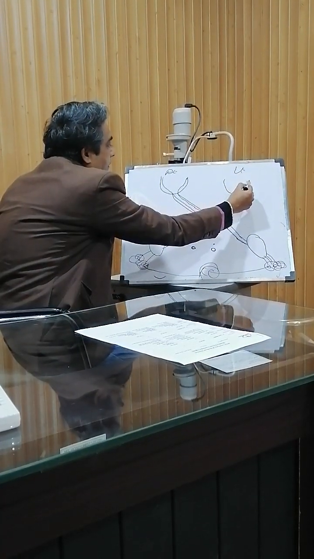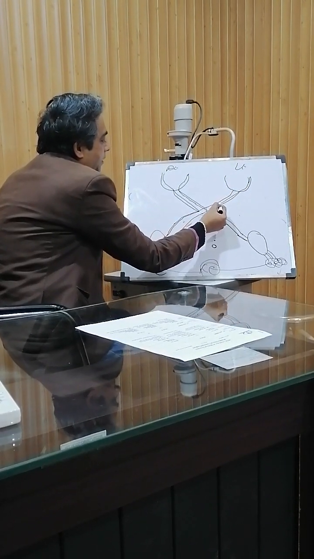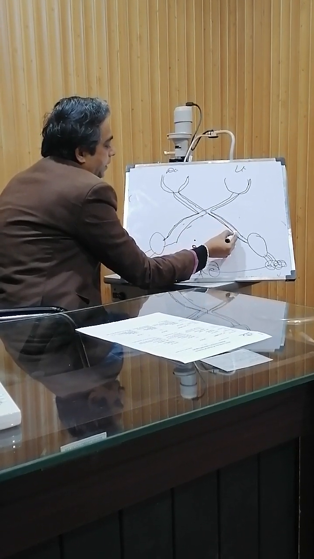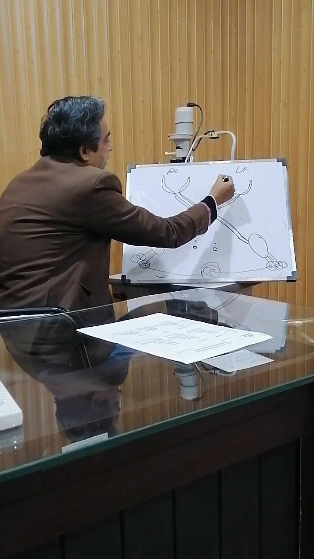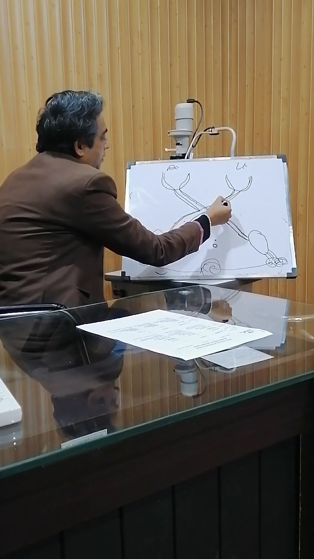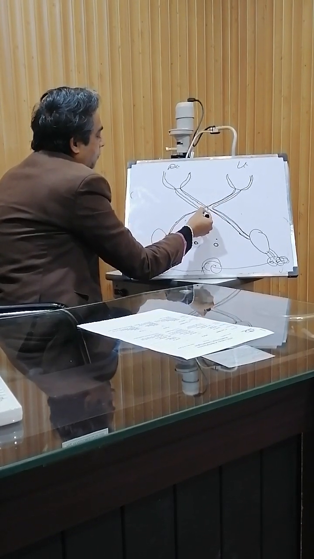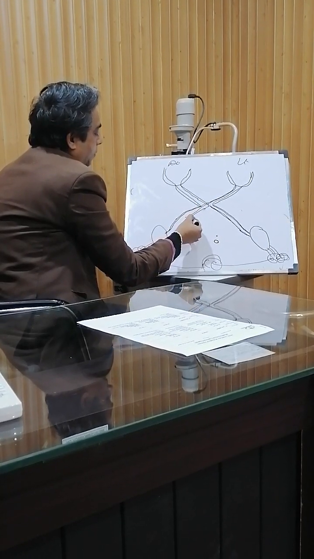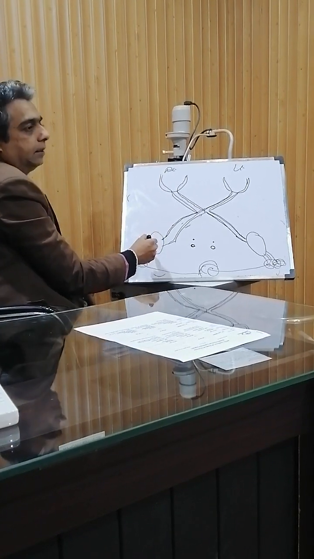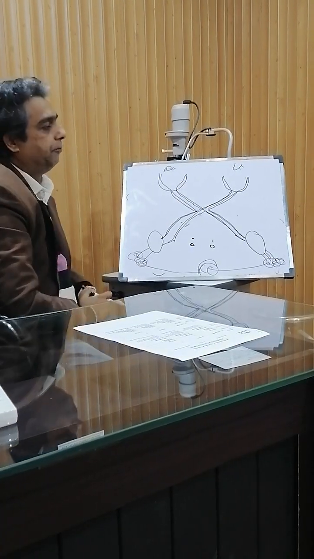Similarly, fibers from the left eye, temporal fibers, do not decussate and go to the ipsilateral, same side of the optic tract. And the nasal fibers through the optic nerve cross and go to the opposite optic tract, and then this whole optic tract goes into the lateral geniculate body. This is the afferent visual pathway.